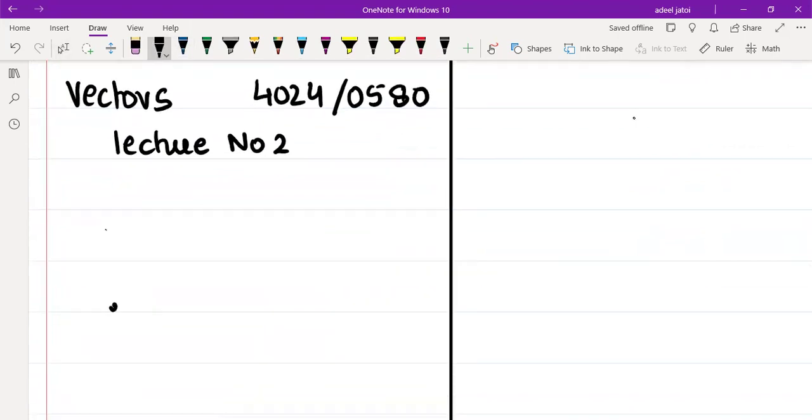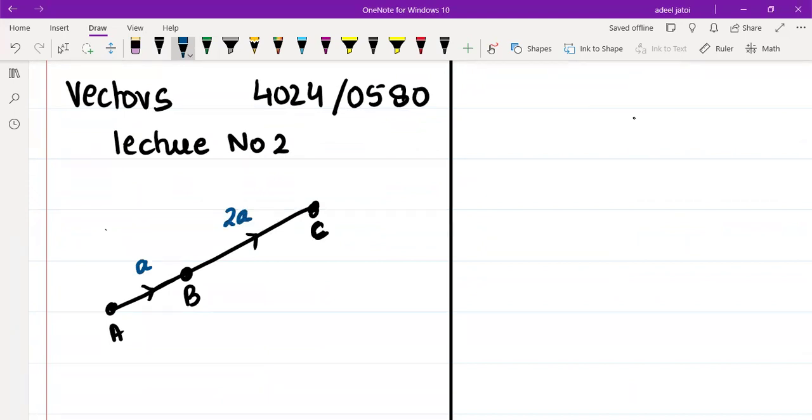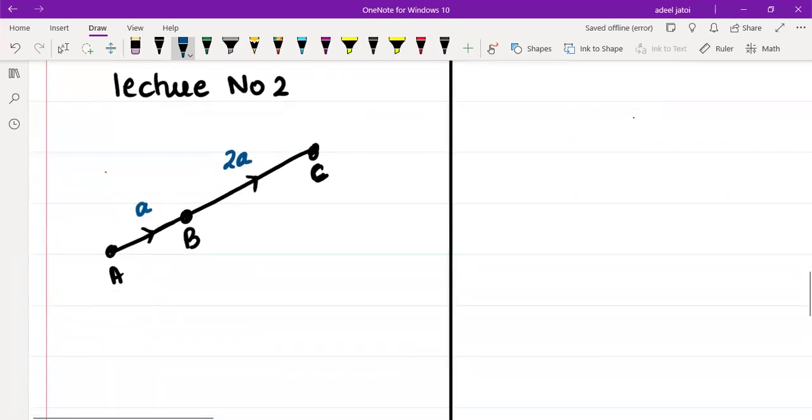Let's say that if this is A, let's say we have B, and let's say we have C. The direction is given already. Let's say AB is A and BC is 2A.